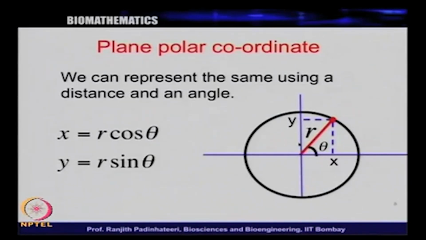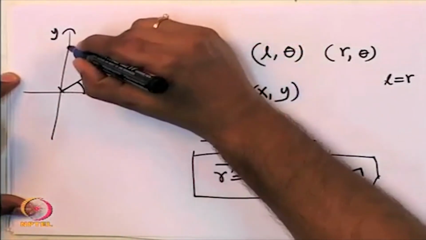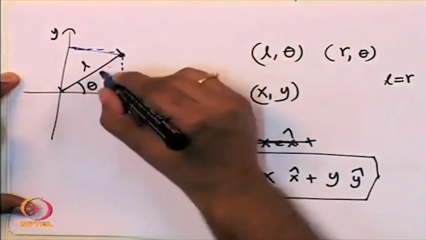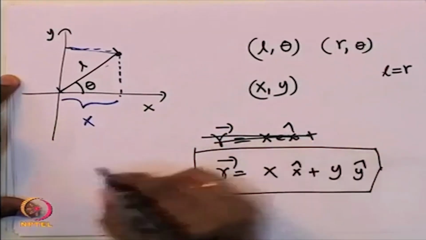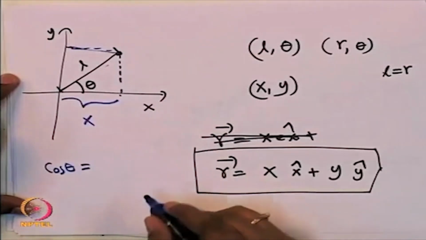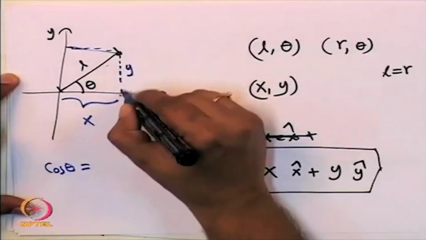So, if I say it in the language that I was mentioning here, if you look at this particular case, this is our point of interest, and this is L, this distance. Here this is the x.